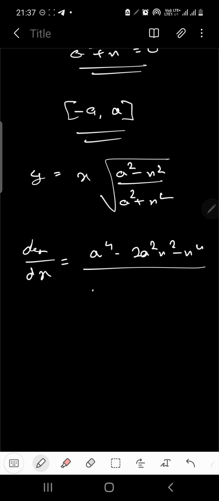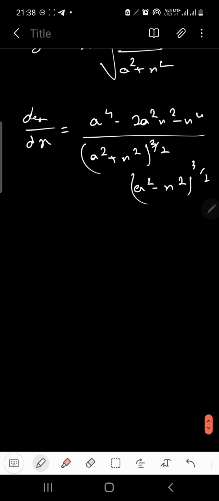So your dy over dx becomes a to the power 4 minus 2a square x square minus x to the power 4 over a square plus x square whole to the power 3 over 2, a square minus x square whole to the power 3 over 2.